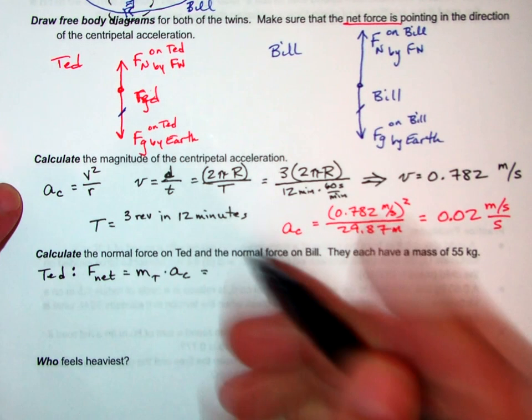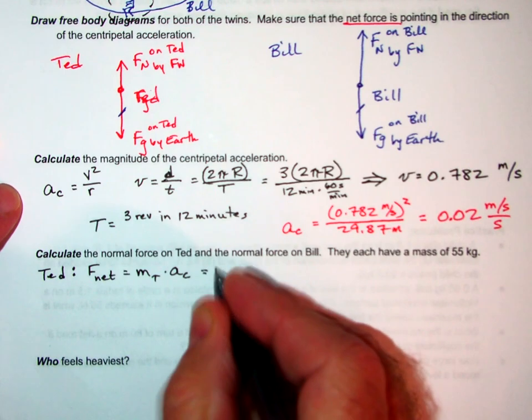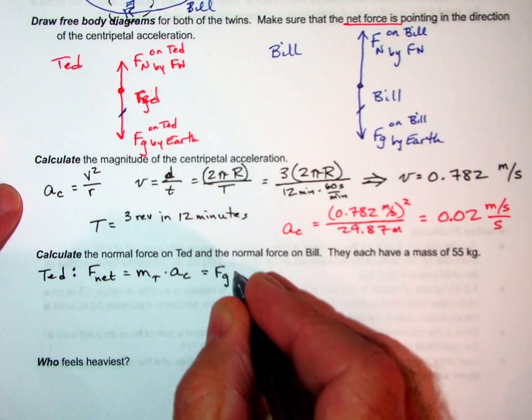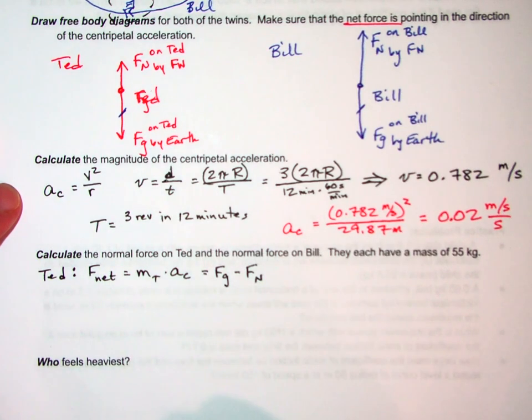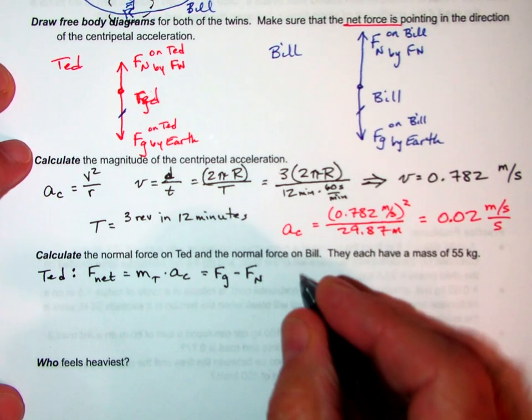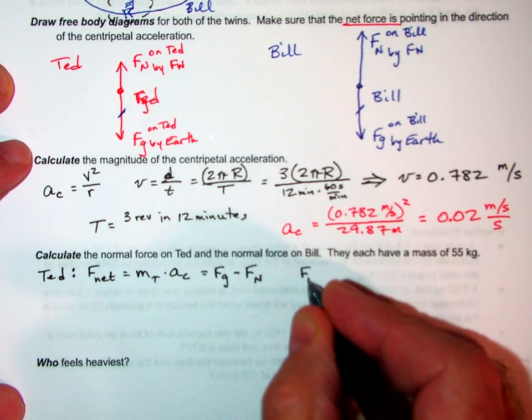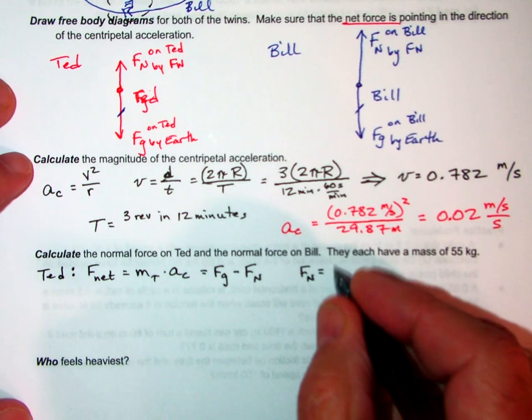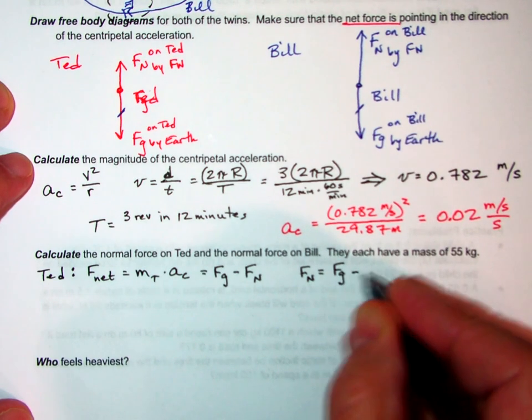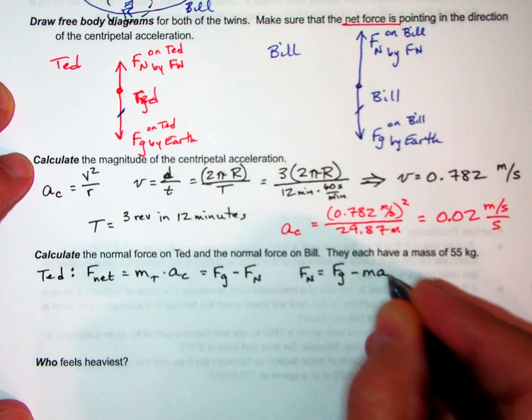Looking at the free body diagram for Ted, this is equal to gravitational force minus normal force, or normal force is equal to Fg minus m a sub c.